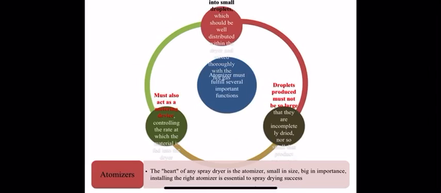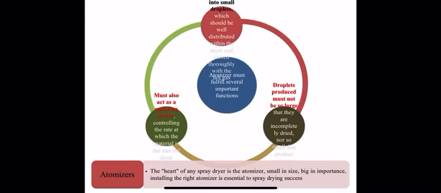And if they are very small, as I told you, they can get wasted into the cyclone separators. When we are separating the air and the droplets, if the size is too small, it will be so light that during the airflow it will take the fine powder with it. So wastage may take place.